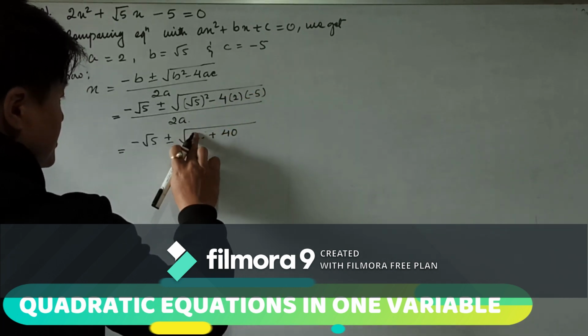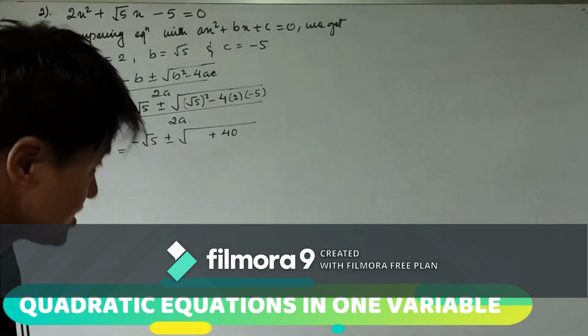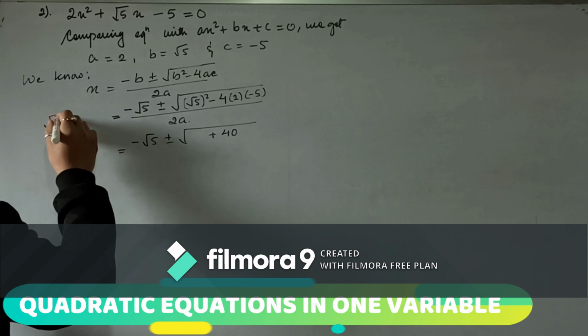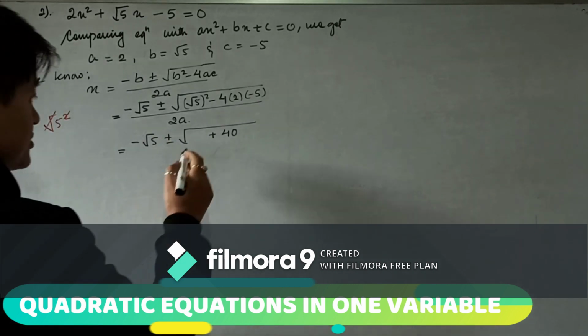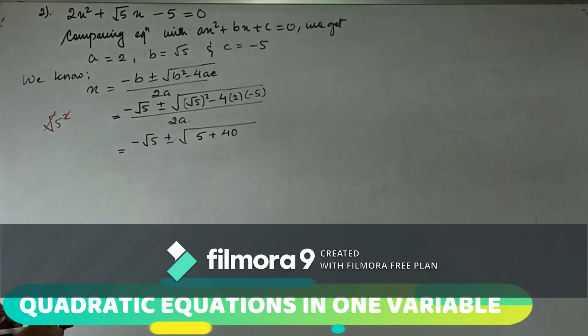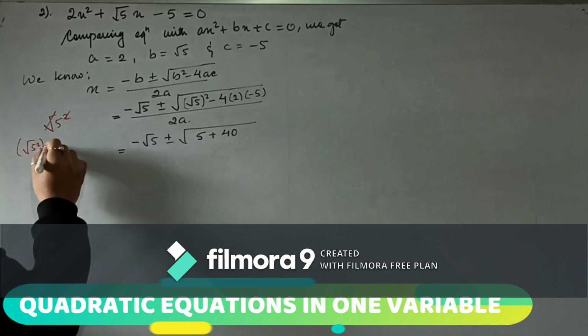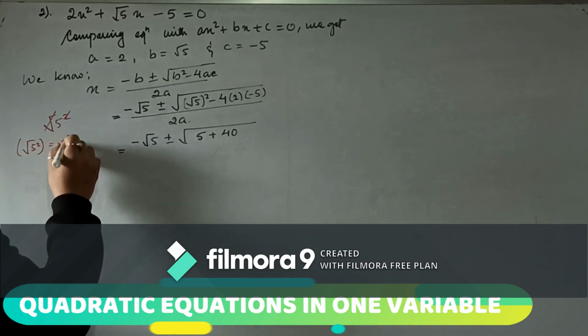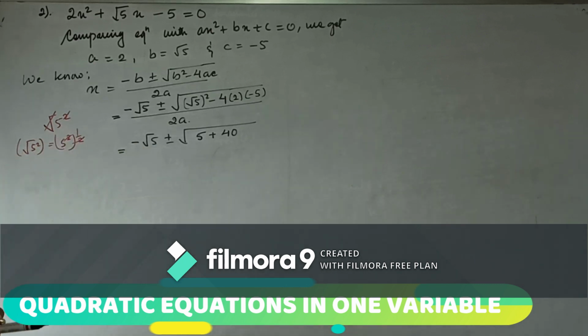Sorry, this is a root and root will get cancelled. So here I'll write root under 5 square means this root and this root will get cancelled. So this will get 5 here, because the root is nothing. This is 5 square whole to the power 1 by 2, and this 2 will get cancelled.